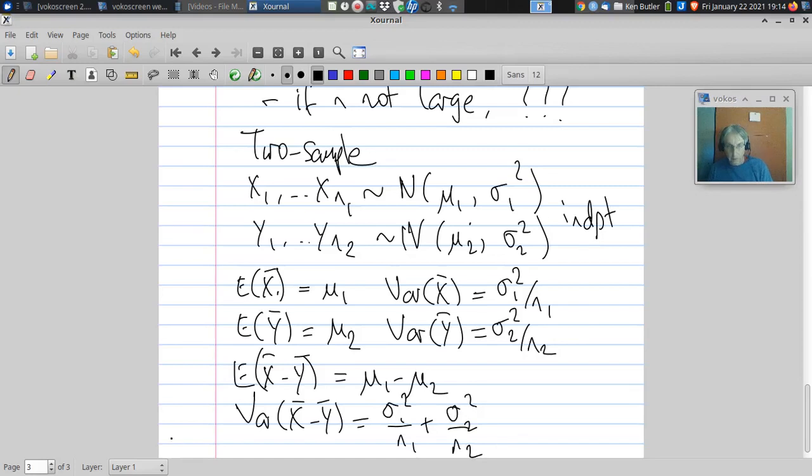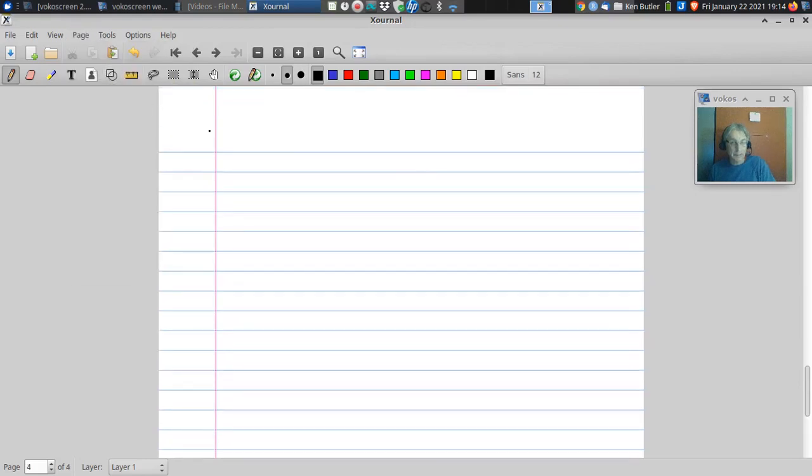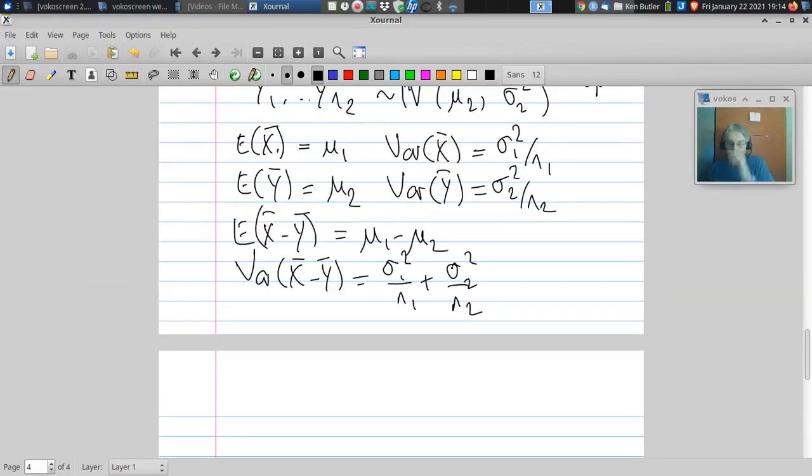You do the same thing as we had before. I'm at the bottom of the page, so I'm going to get a new page. We're going to do the typical thing, which is that we're going to standardize x bar minus y bar.